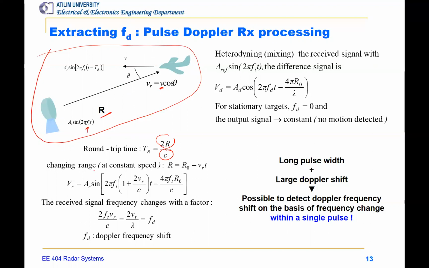And when we look at the echo signal, we may think about the time varying distance from a fixed distance R0 minus VR times t.